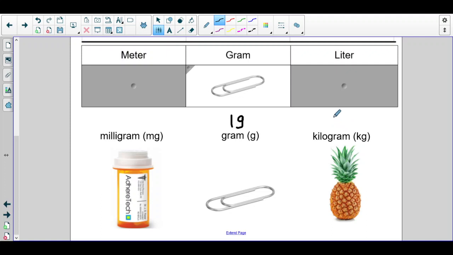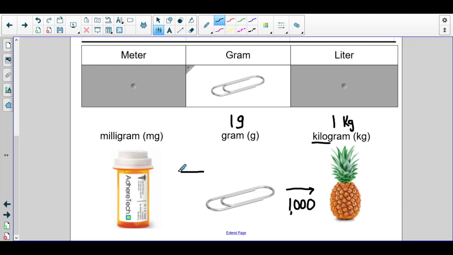This pineapple weighs about 1 kilogram, or about the same as 1,000 paper clips. So the word kilo meaning 1,000. So 1 gram or 1 paper clip. If we were to take 1,000 of those, then we'd have a kilogram, which weighs about the same as a pineapple.